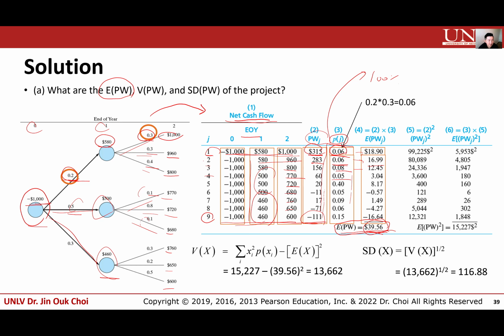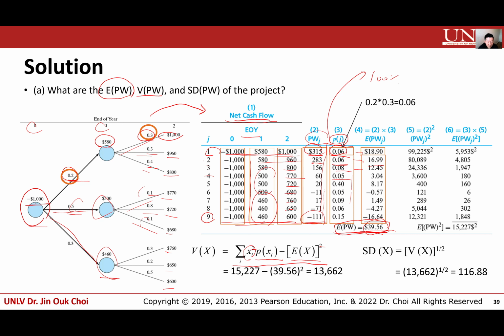And then to calculate the variance, if you remember, we have to use this equation: the sum of X, which is the present worth, squared times probability, minus E, the expected value, squared.